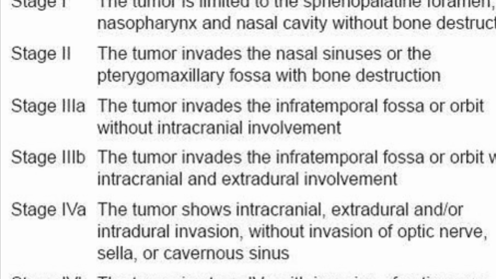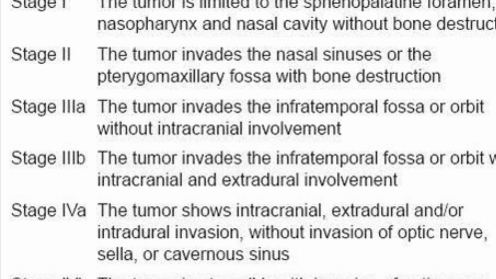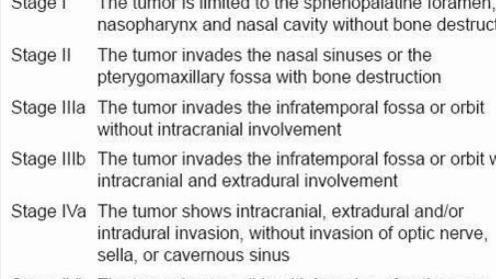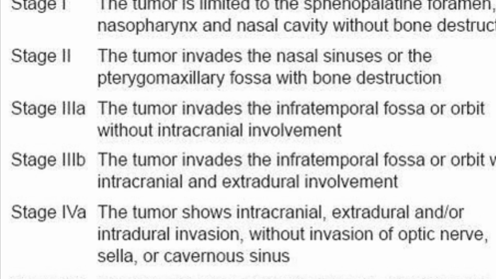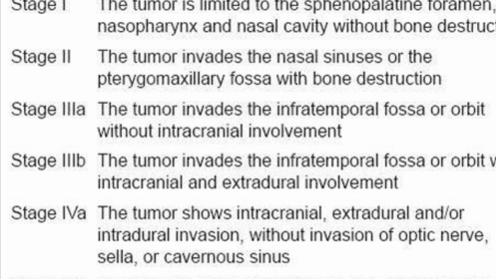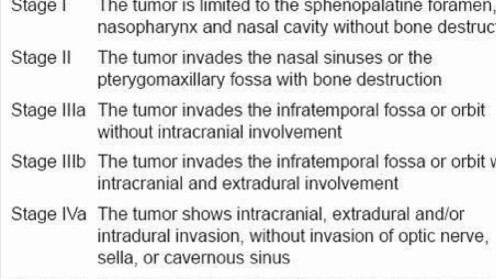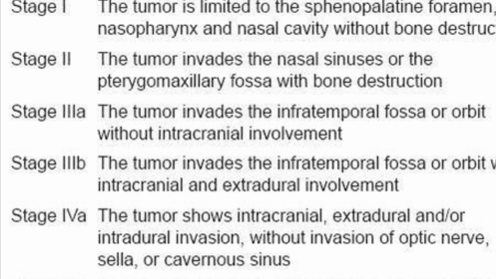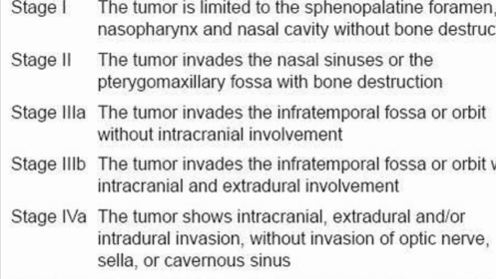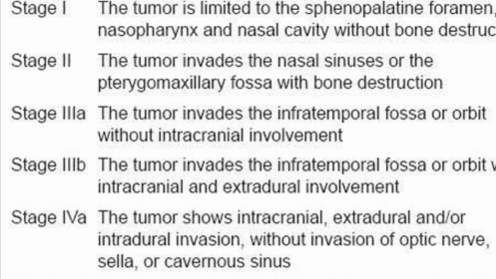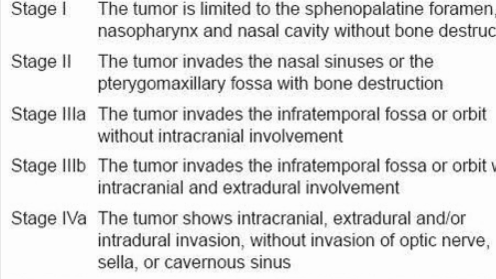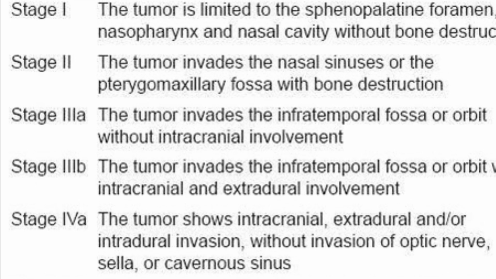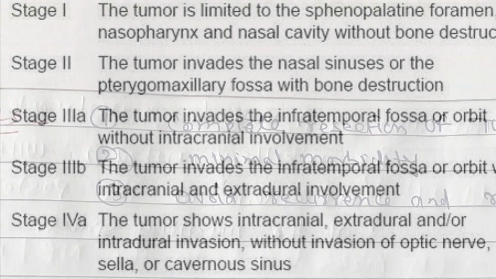In stage 4B it involves the cavernous sinus, pituitary fossa and optic nerve. So this is a simple classification. You can classify this as simple and complicated. If it is involving structures which are difficult to operate, then it is complicated. Simple is whenever possible you can operate by endoscope; that is called simple staging.